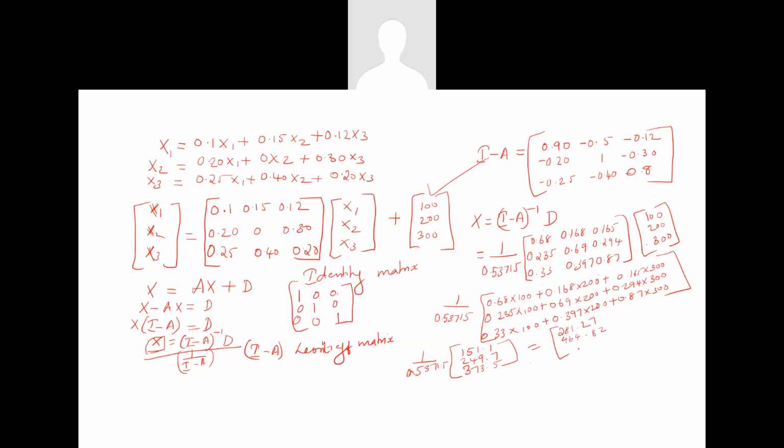Similarly, 373.5 by 0.53715, you get 695.27. This is how you have arrived at a solution regarding how much of product 1, product 2 and product 3 must be produced by these sectors. You need to produce 281.27 units of first product, and X2, or product 2, that has to be produced must be equal to 464.82. And finally, product 3 to be produced is equal to 695.27 units.